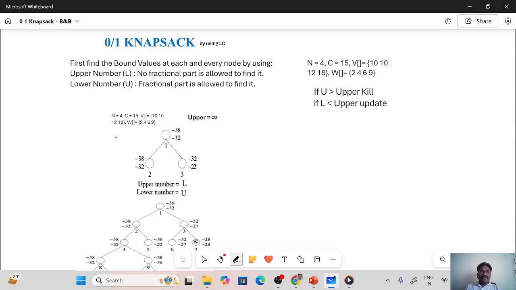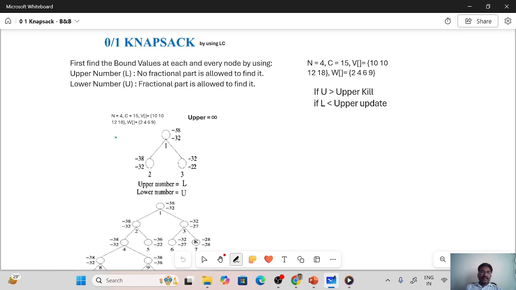Hi everyone. In this section I am going to discuss the 01 knapsack by using branch and bound. In my earlier video, the introduction part of the branch and bound, I discussed we have three searching strategies: FIFO, LIFO and least cost.